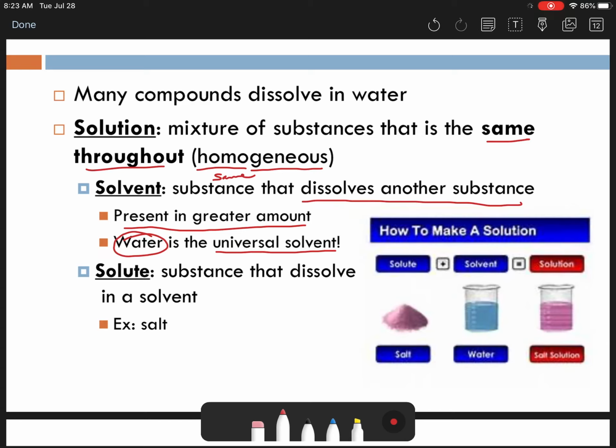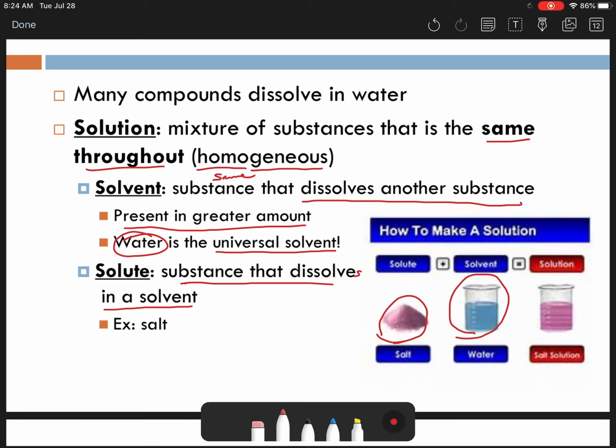The solute is the substance that dissolves in a solvent, okay? So an example could be salt or sugar or anything that you're going to mix into that water. So you have your solute here, your salt.